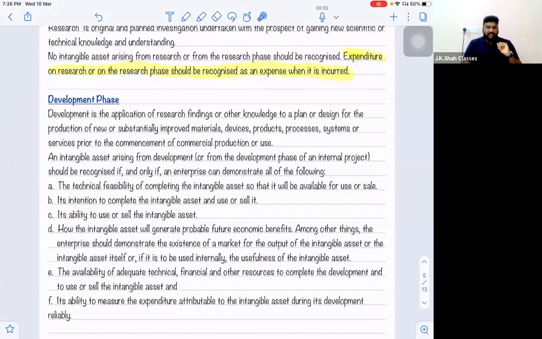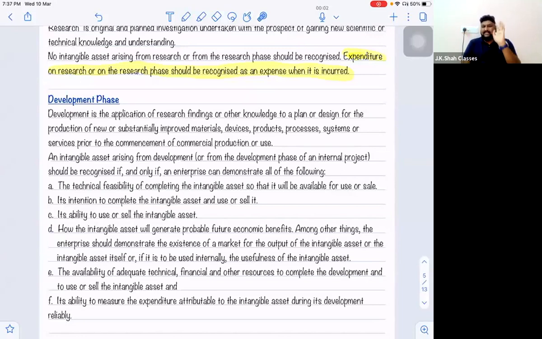And sir, in exam, if a question comes from here, you need not write all the 6 points because the answer becomes too lengthy. You can simply state that an intangible asset arising from development can be recognized in the books if it fulfills all the conditions as per AS26. That's it.